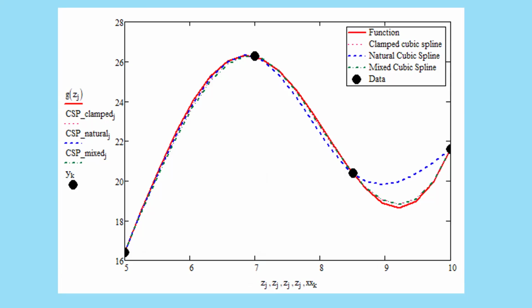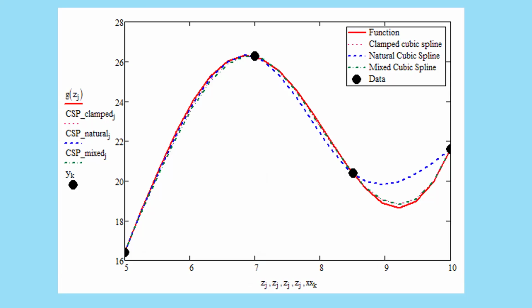This happens because the natural spline assumes zero curvature at the endpoints, which may not reflect the true behavior of the function. On the other hand, the clamped and mixed splines use additional boundary information, so they match the original function more closely.